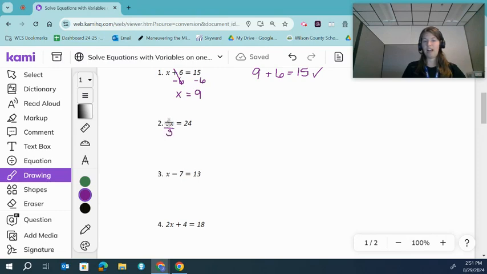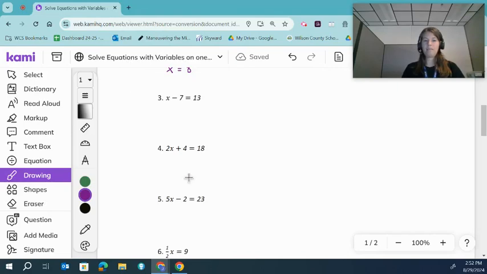So we are going to divide by 3 on both sides. 3 divided by 3 is 1. So we get 1x, which can just be written as x, equals 24 divided by 3, which is 8. Okay, again, substituting back into our original problem, 3 times 8 equals 24. This is correct. So our answer is correct.